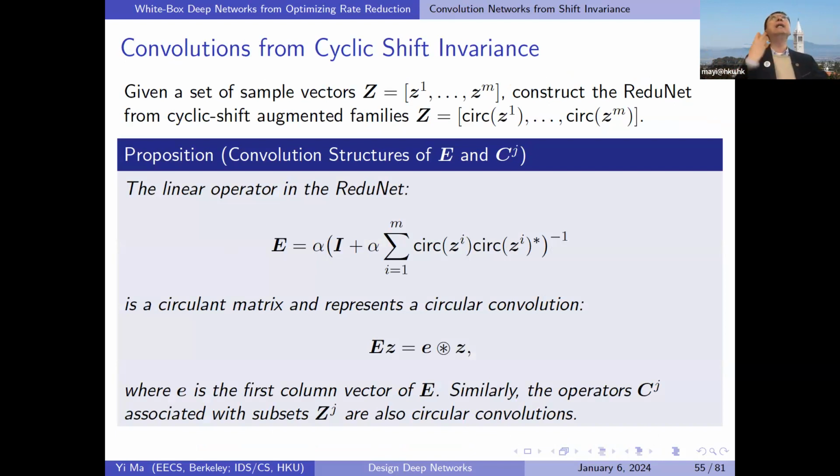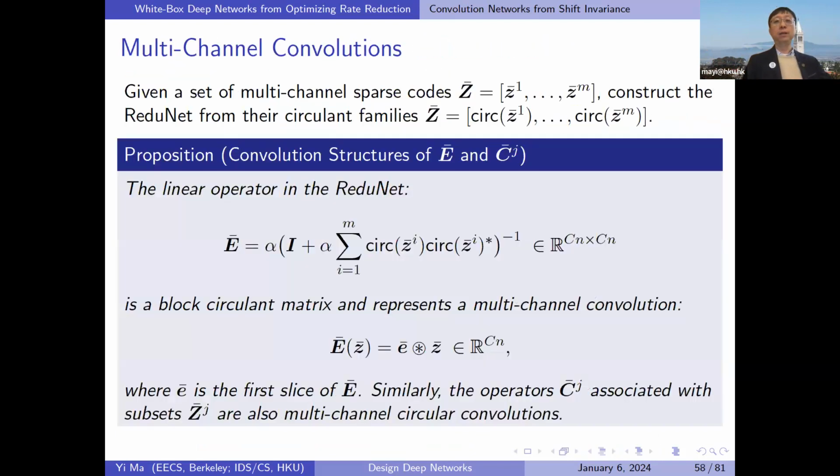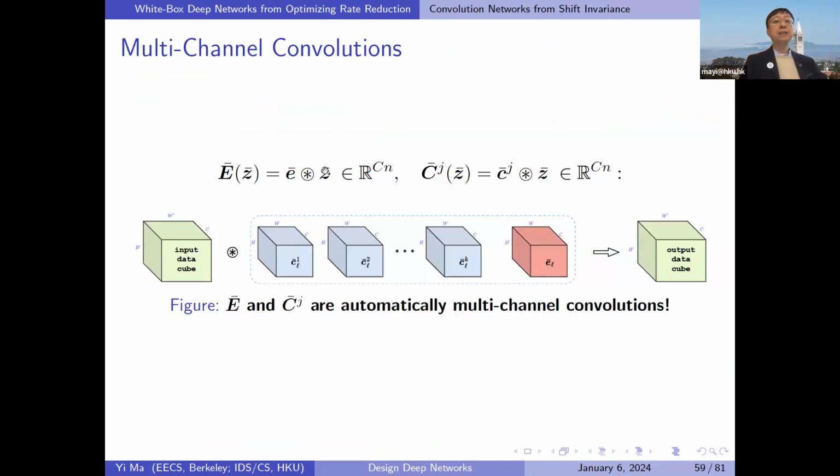That operator, that gradient, automatically becomes a multi-channel convolution. It exactly has the form of a multi-channel convolution. No ambiguity about it. Right? So the multi-channel convolution could arise naturally because it's an operator for compression, compressing equivalent objects, images.